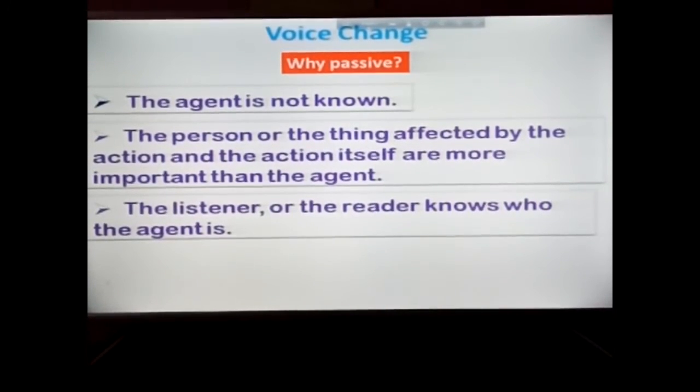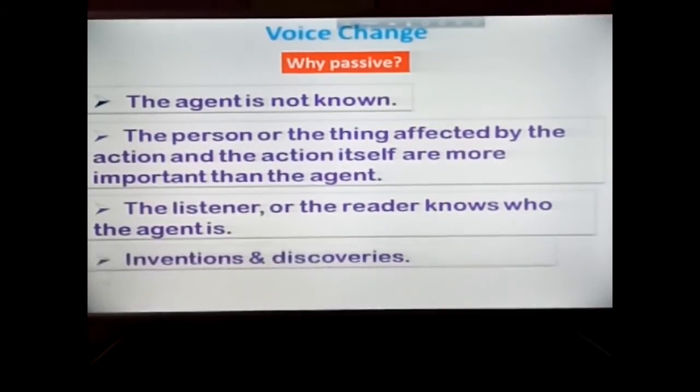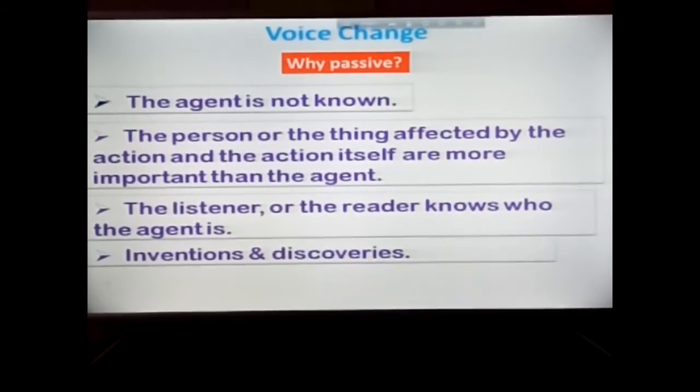All right. Next, to talk about inventions and discoveries, native English speakers use both the active and passive sentences equally. For example, we can say Christopher Columbus discovered America. We can also say America was discovered by Christopher Columbus. Both sentences are absolutely fine, nothing wrong with either of them, and both of them are equally accepted by the native English speakers.